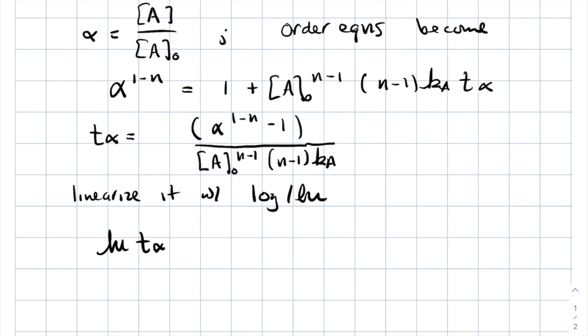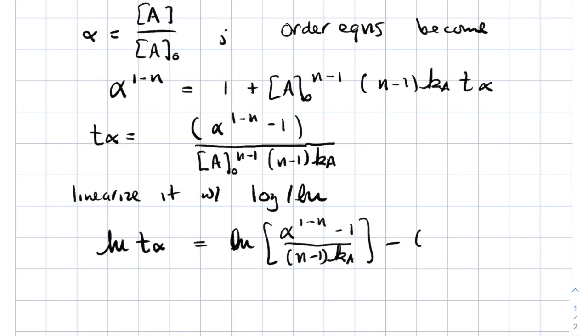So you get log of T alpha equals log of this other stuff. Let's put this in square brackets. This is essentially going to be the constant factor on our plot. And then we have the log of each starting concentration, right?